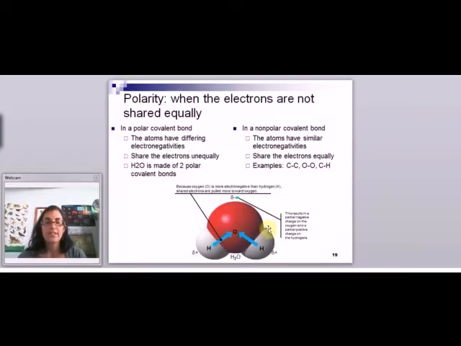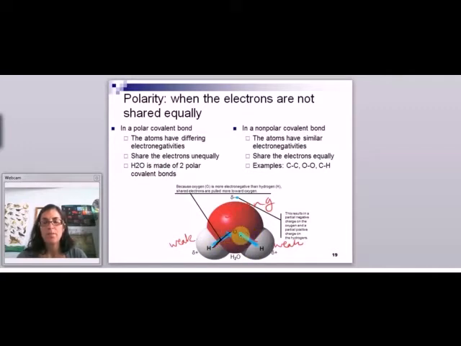So water is the classic example where we see polar covalent bonds. Oxygen is a very strong atom. It has very high electronegativity. So oxygen is strong, and hydrogens are weak. Based on electronegativity, I'm using these judgmental terms here, but that's from their electronegativity. So when they're sharing electrons, these are covalent bonds.